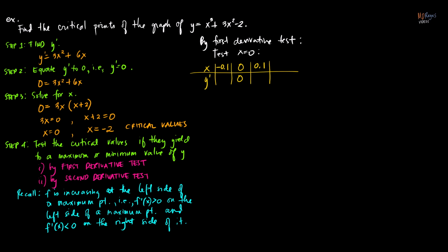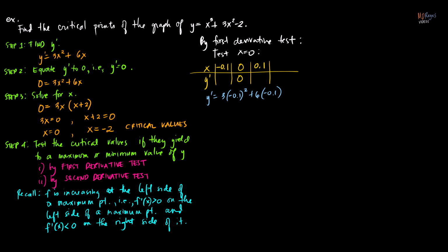We don't need the exact value anymore. What is the sign of y prime whenever x is equal to negative 0.1? So let's try to substitute negative 0.1 for x. That's 3 times negative 0.1 quantity squared plus 6 times negative 0.1. Remember, we just need the sign of y prime.